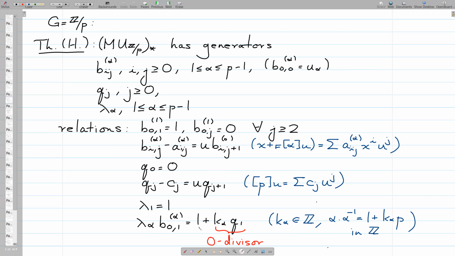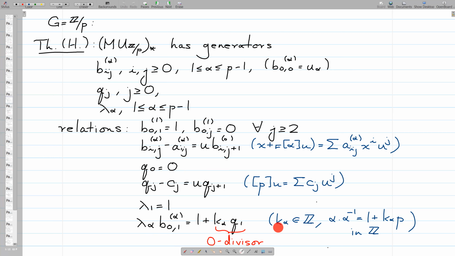1 in Z mod P is going to be 1 plus an integer times Q1. So from here, we still have Q1 times U is 0. So this K alpha Q1 is a 0 divisor. So these two things, lambda alpha, you should think of as an approximate inverse to B01 alpha.